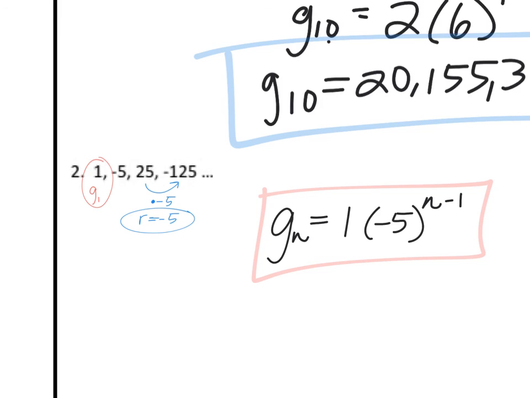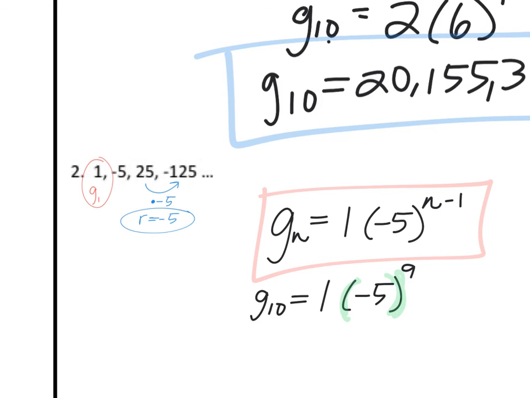I think on this one I'm still asking you to find the 10th term, so plug 10 in for n. 1 times -5, not 10 times, 1 less than that, 9, because you already have the first term. When you type this in your calculator, you have to put -5 in parentheses or you won't get the right answer.